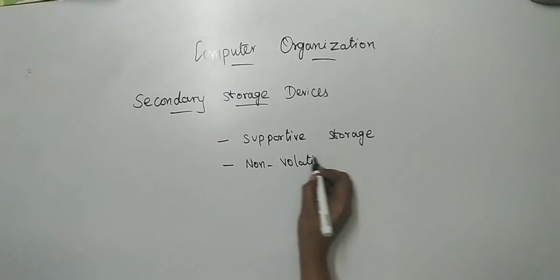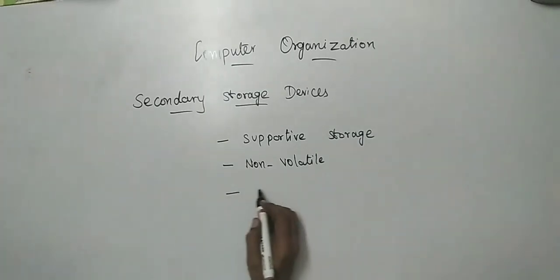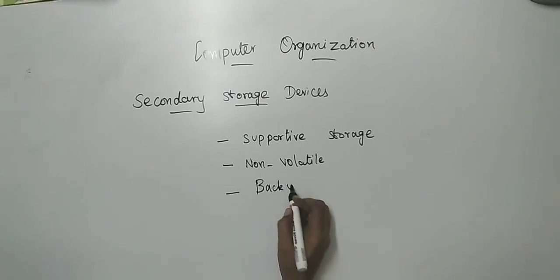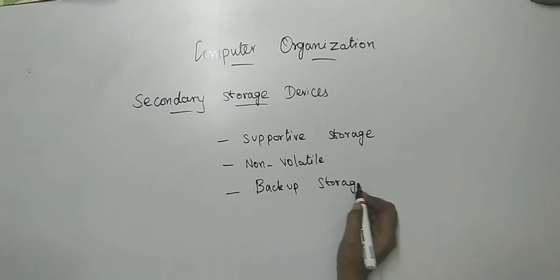What do you mean by non-volatile? The information that you store is permanent. These secondary storage devices are also called backup storage.